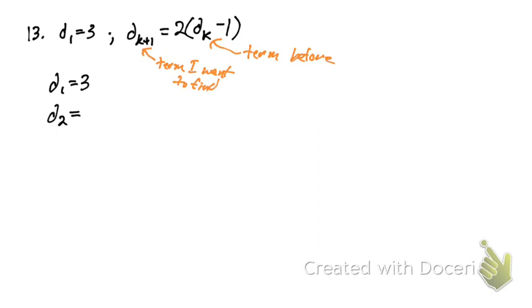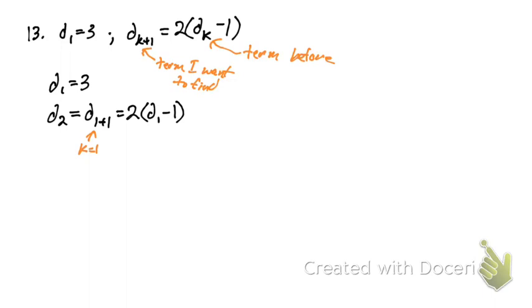What would that look like mathematically? I'm looking at d sub 2. Well, the only way for d sub k plus 1 to equal d sub 2 is if k equals 1. So in fact, what I actually am looking at is d sub 1 plus 1, where my k equals 1. Well, in that case, d sub 1 plus 1 would equal 2 times d sub 1 minus 1.